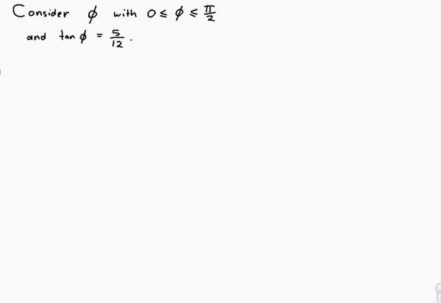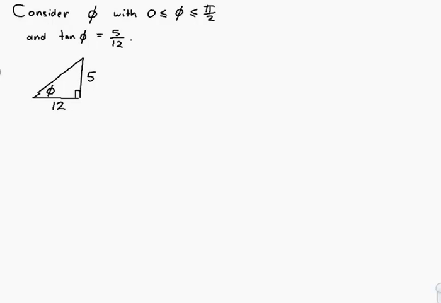What I'll do is I'll put phi into a right-angled triangle. So here is a right-angled triangle, and I'll put phi here. Now tan is the opposite side over the adjacent side, so our right-angled triangle could have 5 here and 12 here.